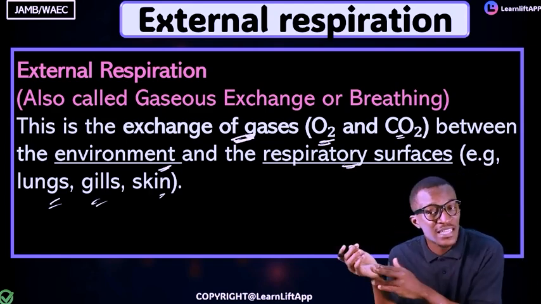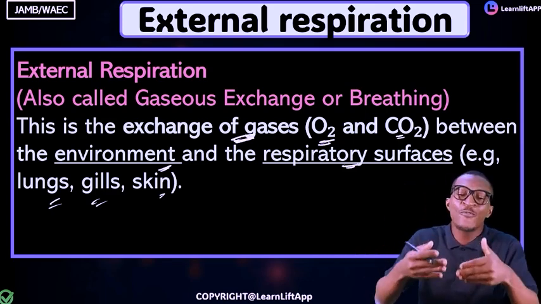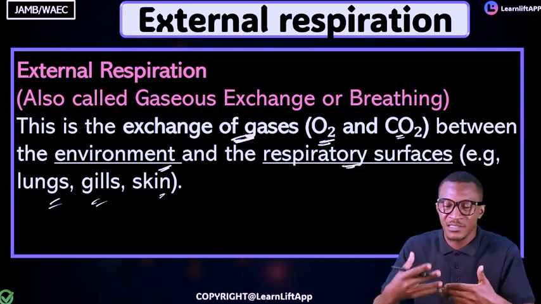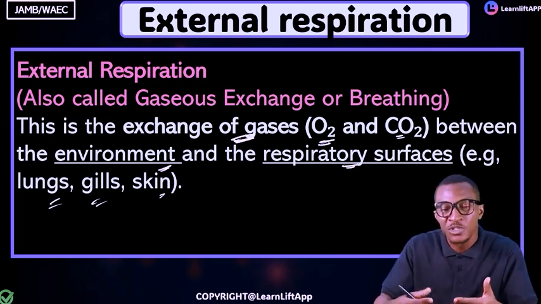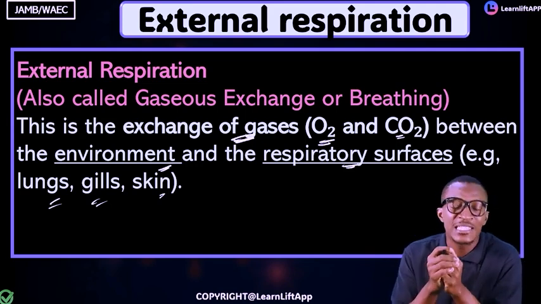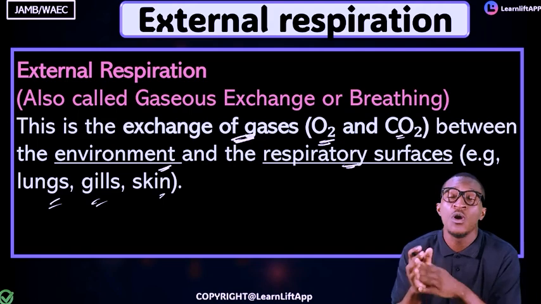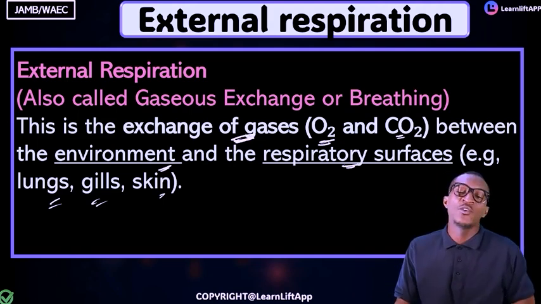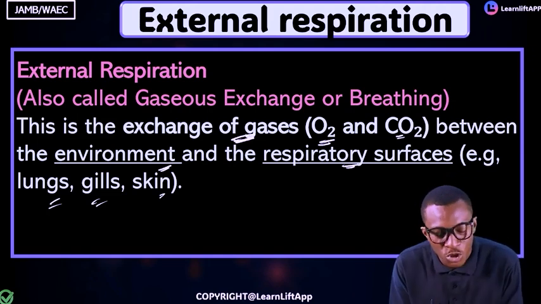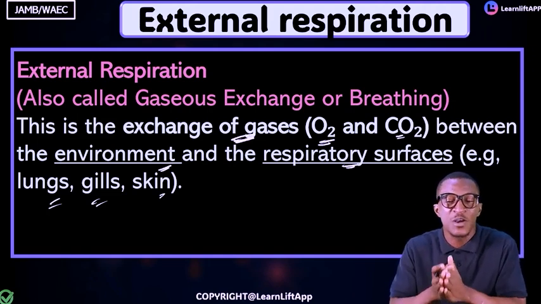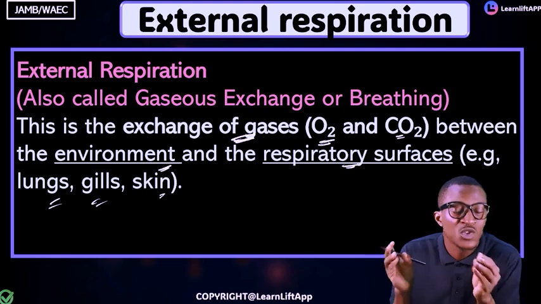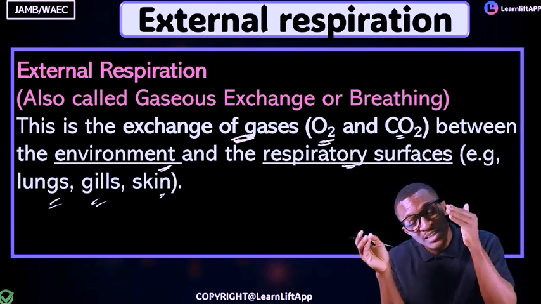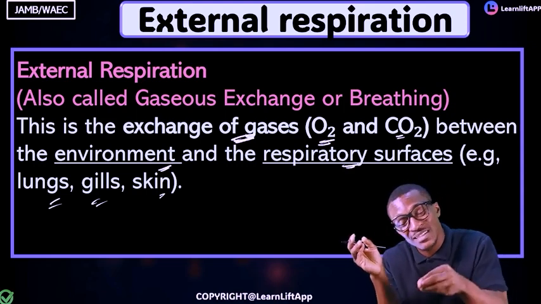In external respiration, we are checking how the air goes in and comes out. This is different from internal respiration, where we are focused on how energy is released from the cell. That is why in external respiration, we are focused from the nostrils to the alveoli. But in internal respiration, we are focused in the cell, in the mitochondria.